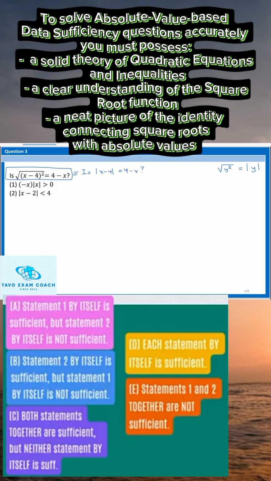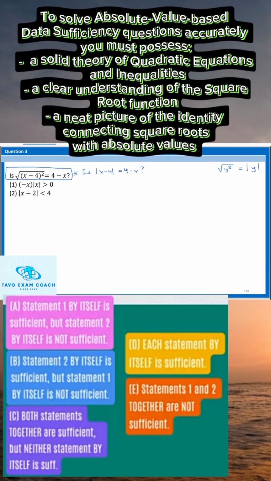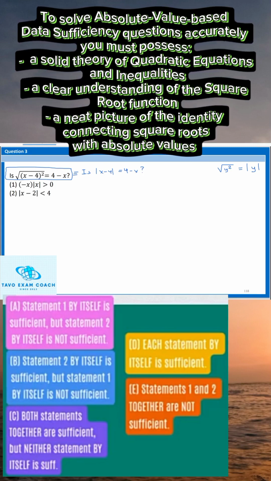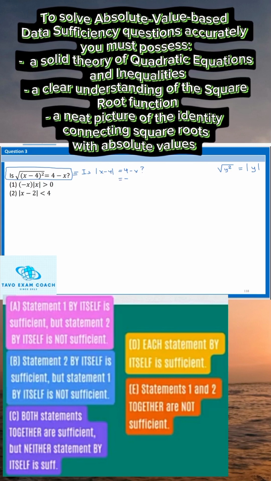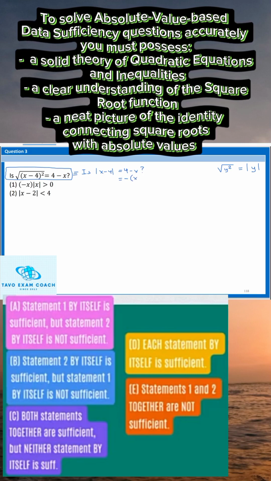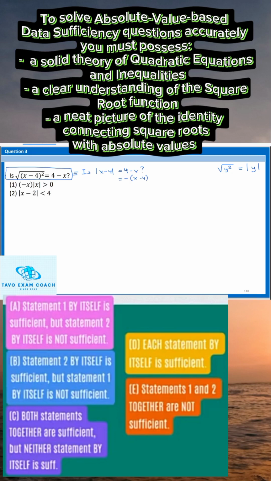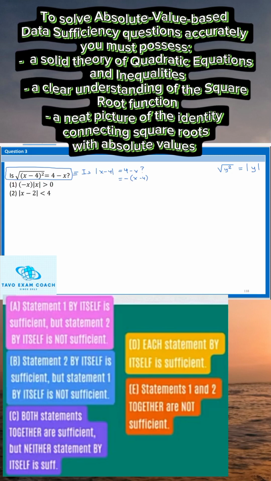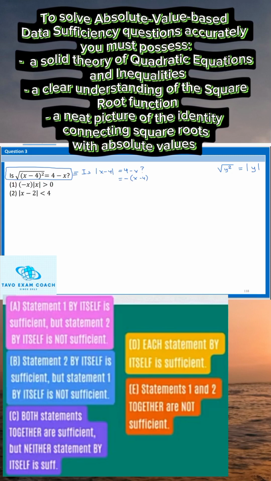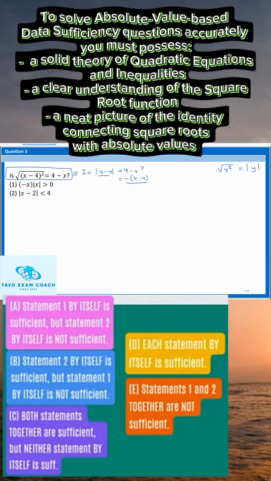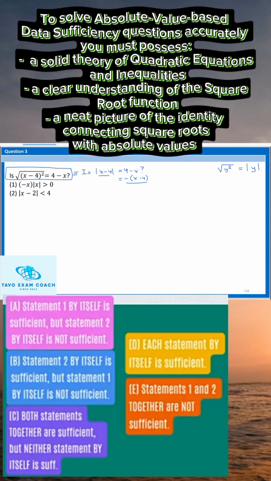But consider what 4 minus x represents regarding x minus 4. 4 minus x is simply the additive inverse of x minus 4, or x minus 4 multiplied by negative 1. So we're actually asking whether the absolute value of this expression is the additive inverse of the same expression.